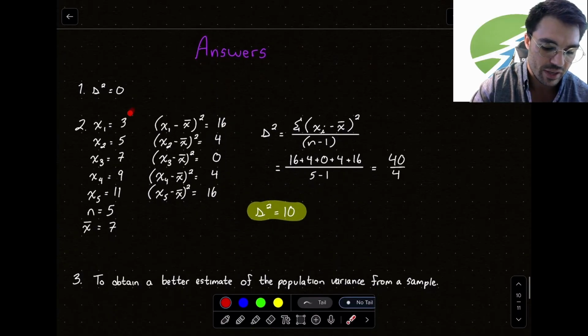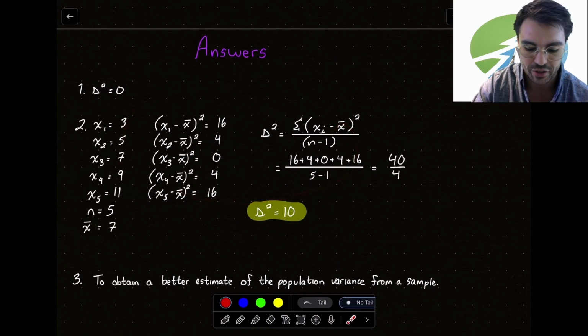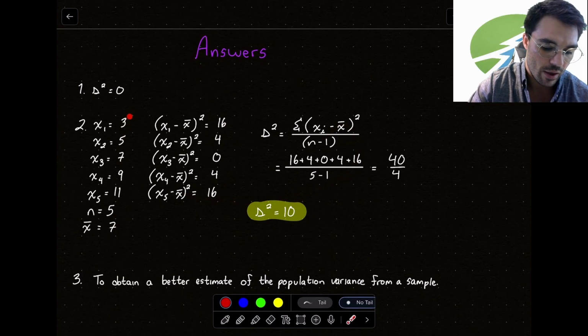For question 2, I have the work listed out because that's a little bit different. X sub 1 is 3, X sub 2 is 5, X sub 3 is 7, X sub 4 is 9, X sub 5 is 11. N equals 5 because we have 1, 2, 3, 4, 5 observations. And the mean of our 5 observations, we add them all up, divide by 5, we get 7, which is also our median.